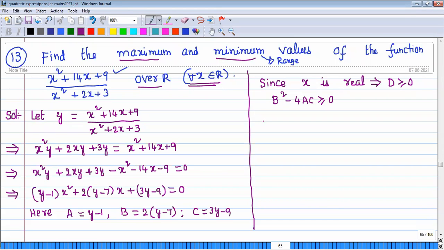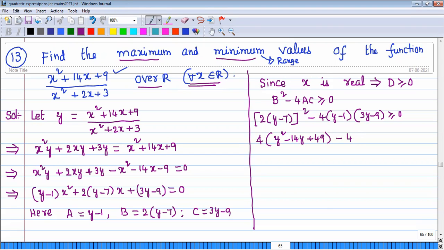So let us substitute the respective values. 2 times y minus 7, whole square, minus 4 times y minus 1 times 3y minus 9, greater than or equal to 0. 2 square is 4. y minus 7 whole square, in the form of a minus b whole square, we have y square minus 2ab, that is 14y, plus 7 square which is 49.